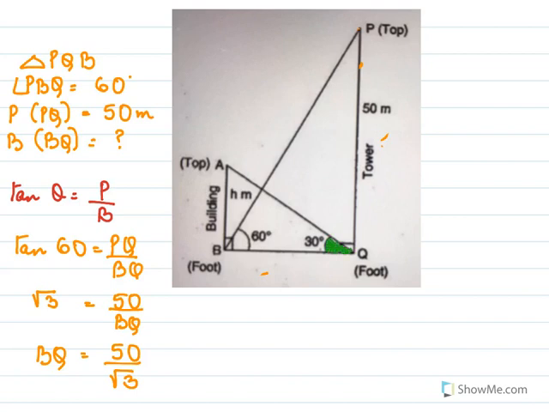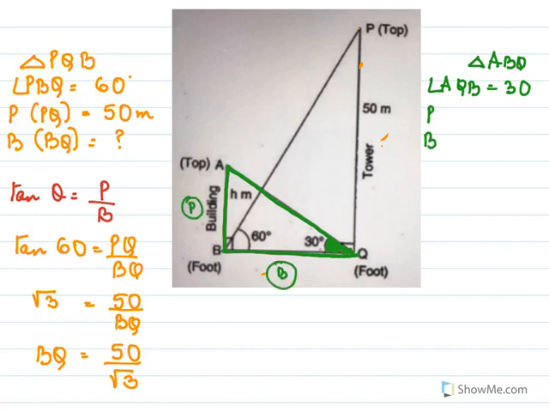Now it's time to take the next triangle. The next triangle will have the angle 30. Now which is the one that has angle 30? This triangle, that is triangle ABQ. And the angle there, AQB, is equal to 30. Let's write its perpendicular, let's write its base.